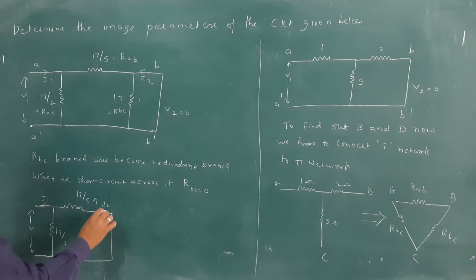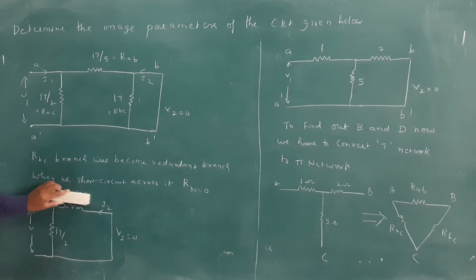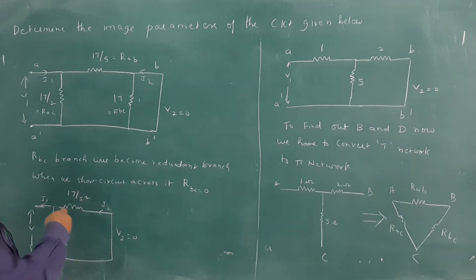I2 is the value here, and V2 is equal to 0. Okay, this one is the diagram for it. I have changed the direction of I1 to avoid the negative value in the parameters. So I will take positive values now.